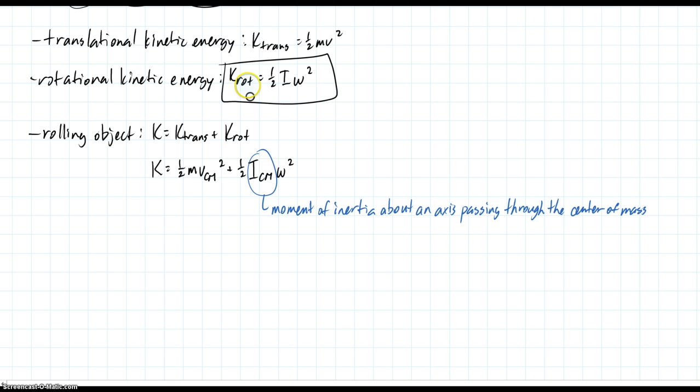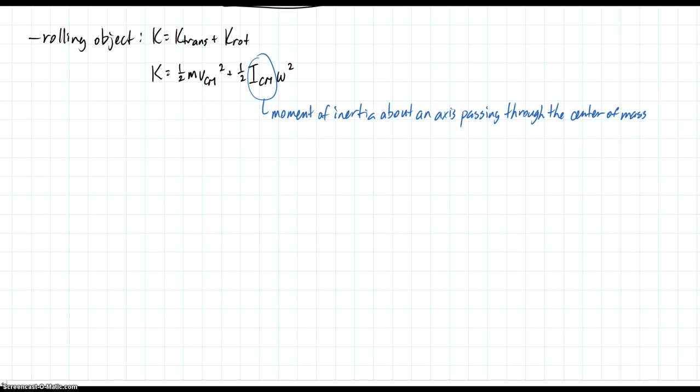So we can now think about conservation of energy problems for objects that are both moving translationally and rotating. So for instance, let's come back to a problem that we dealt with earlier in the year of an object moving down an inclined plane, but now rather than it being just a point particle or say a box sliding down the plane, now we're going to have an object that is rolling down the plane.